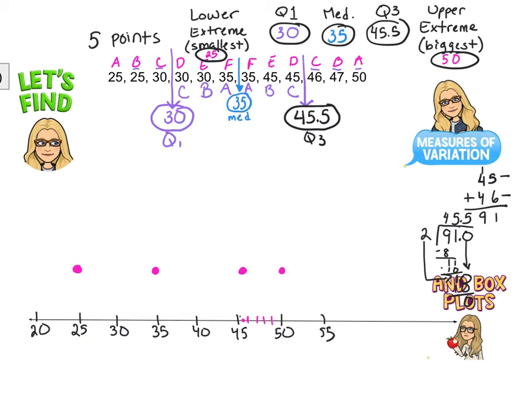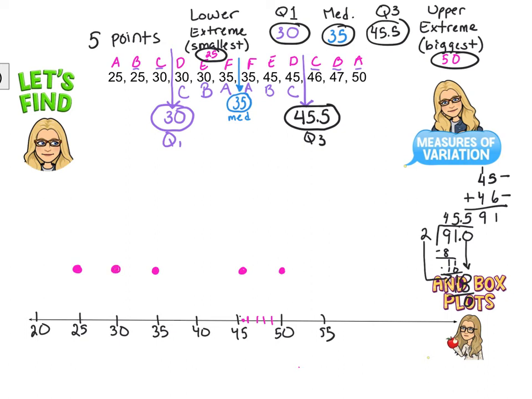And then I noticed that because I didn't have 5 points. And then I looked at the numbers that I was supposed to graph, and I noticed that I had 30 here, and I have Q1 up here, 30, and I don't have a dot above it. So I'm going to fix that now. So I'm going to go ahead and plot my Q1 above the 30.